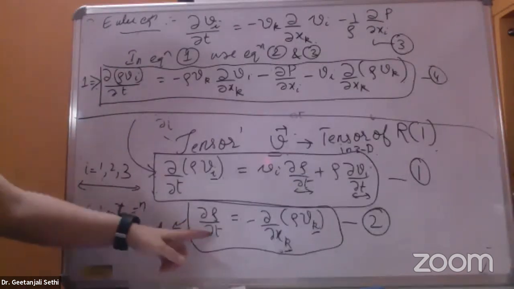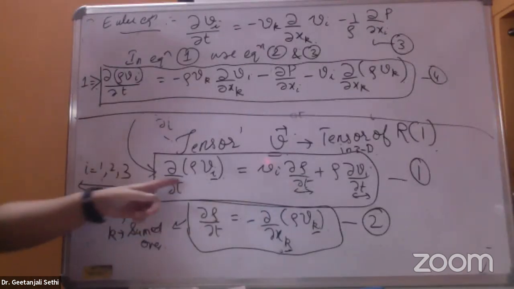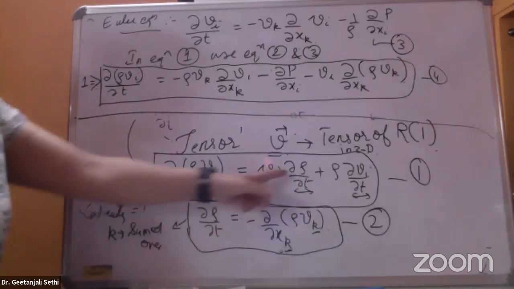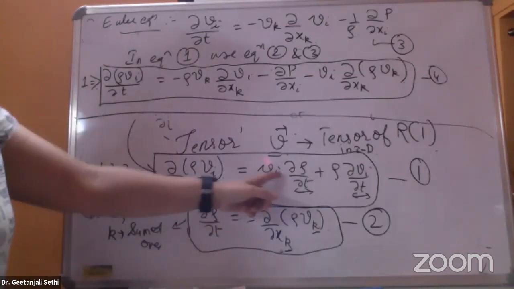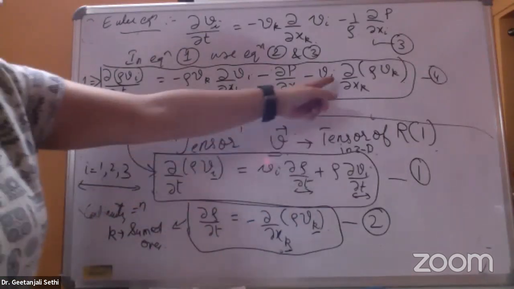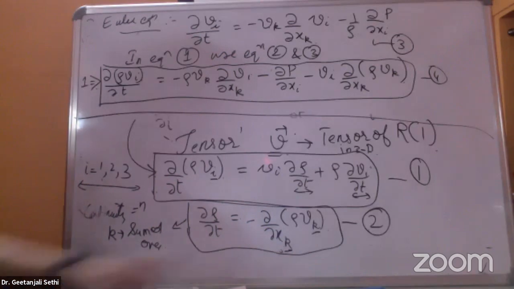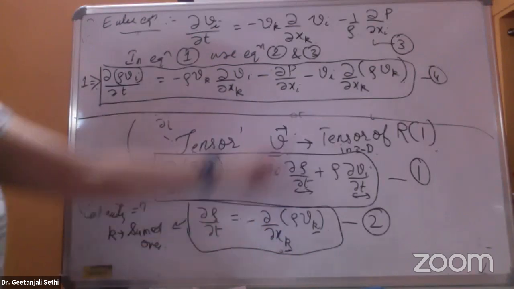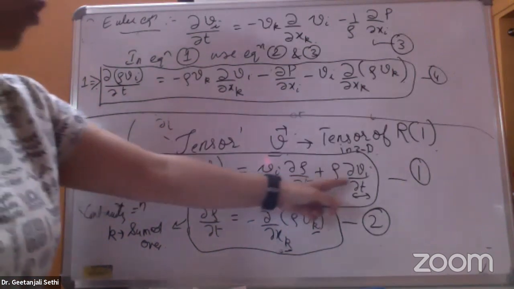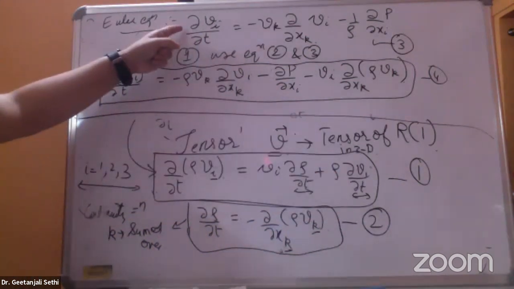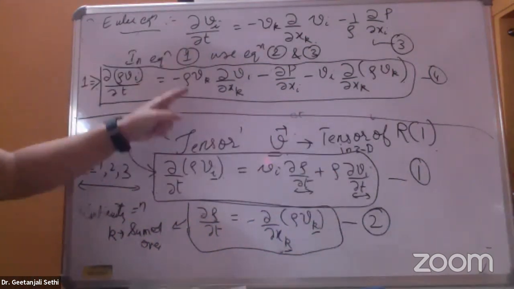I've just substituted in this equation for del rho by del t, right? So I have Vi times del rho by del t, which is this term, with a minus sign that has come from here. So that's why this term becomes negative. And then I've substituted for rho times del V by del t. So I have del Vi by del t multiplied by rho.